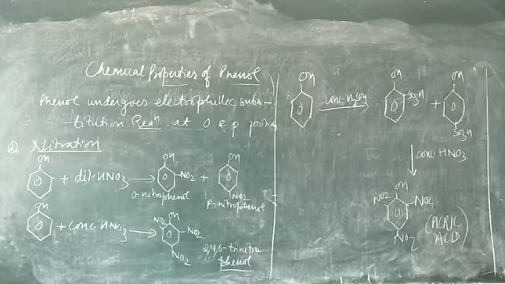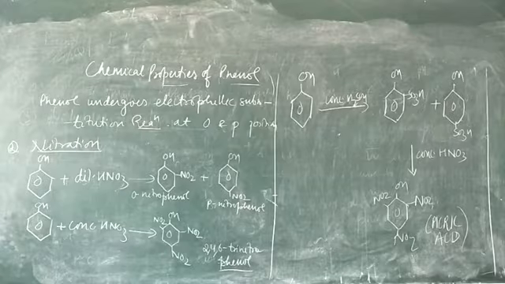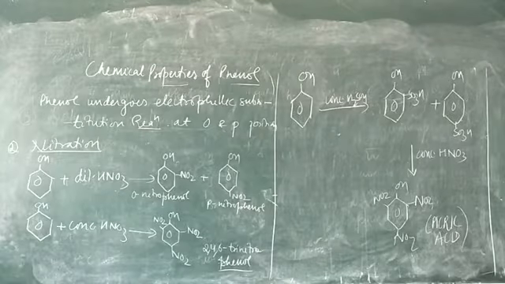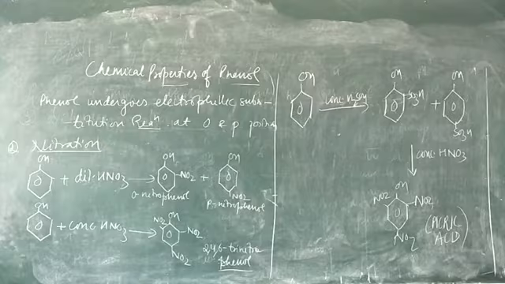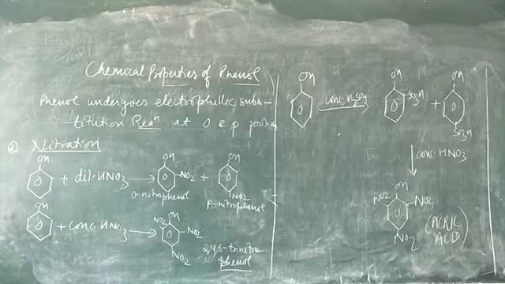It will be treated with sulfuric acid. We will get SO3H group at ortho position and para position, right? And then it will be made to undergo nitration and we will obtain, students, 2,4,6 trinitrophenol, which is also known as the picric acid, right?